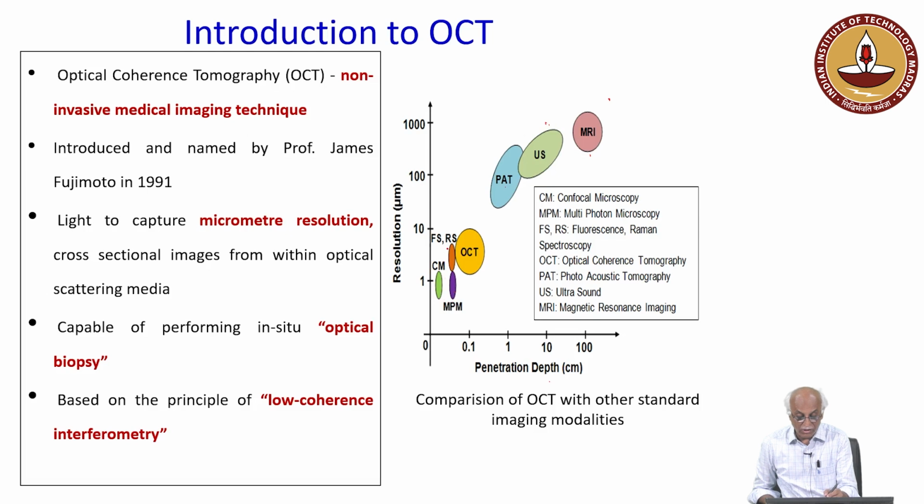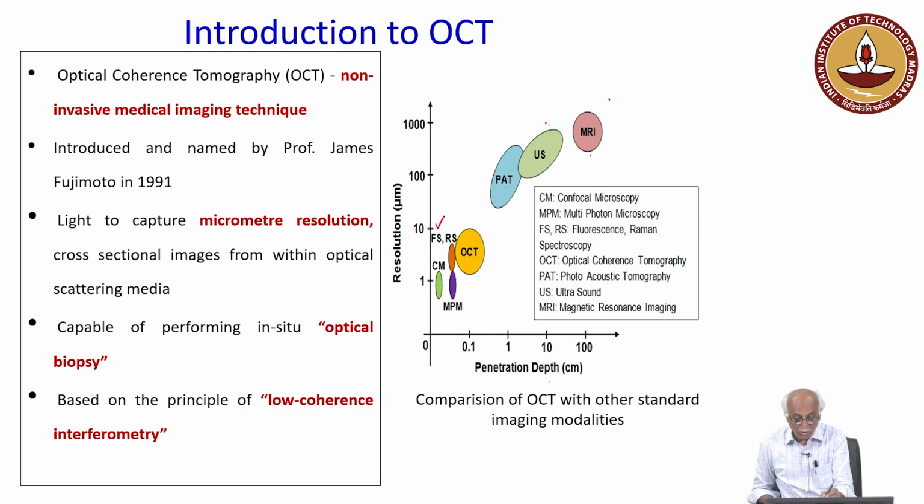Thereafter, there are some other methods such as reflectance Raman spectroscopy, fluorescence spectroscopy, or basically microscopy techniques. Microscopy includes confocal microscopy, CM, and multiphoton microscopy, which is the recent development.